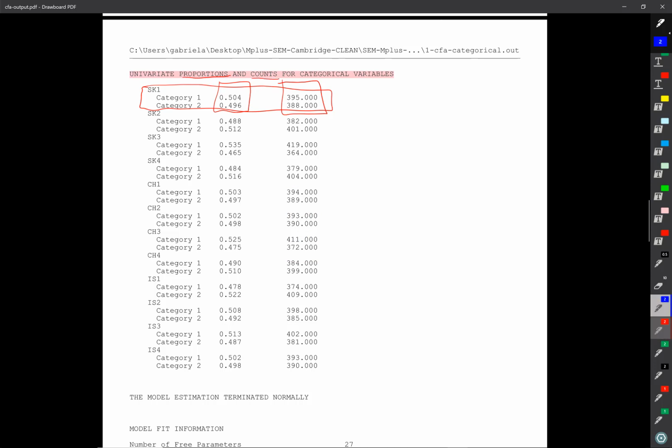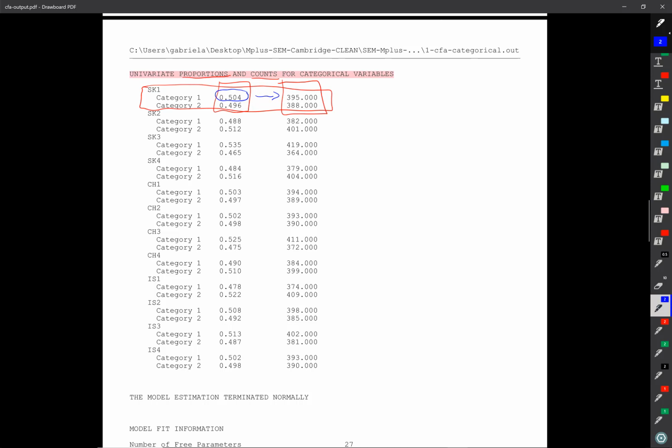So I would say this number means that 50.4% of our sample chose category 1 of response on the item SK1. And in actual numbers, this means 395 people selected that category of response.